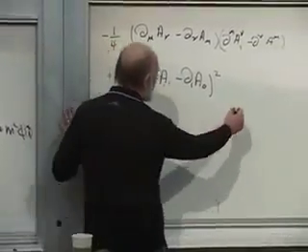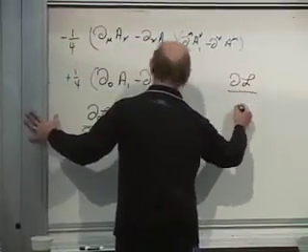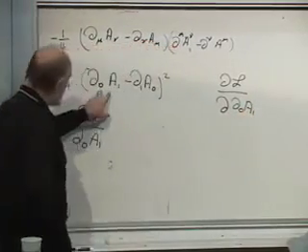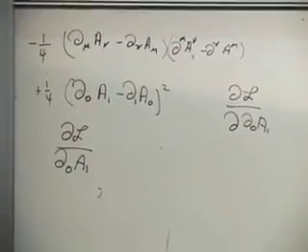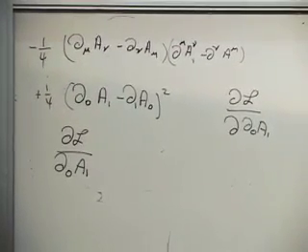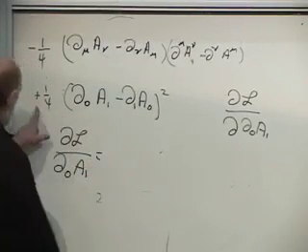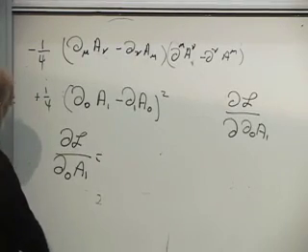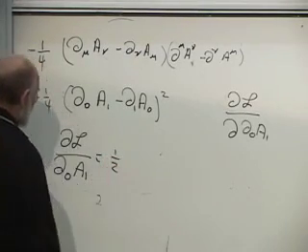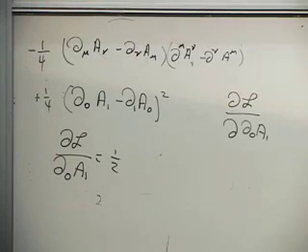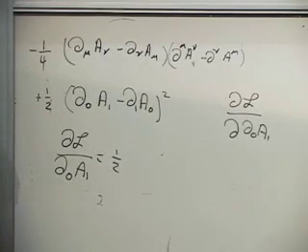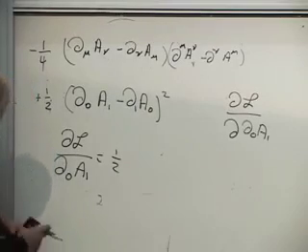Get rid of the square and put a 2 in there. The 2 cancels the quarter, so that's a half. There is only a half there, so the half goes away.